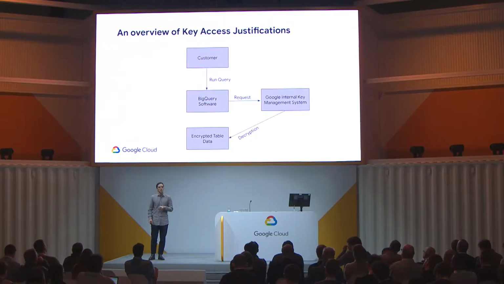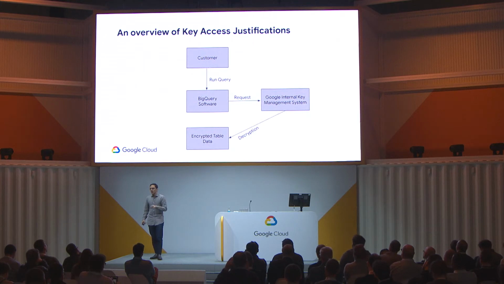So your BigQuery table data is going to be encrypted, and the key is going to live in Google's internal key management system. When you run this query, it's going to fire off a request to that internal key management system saying, hey, please decrypt this table so I can do whatever it is the customer is asking me to do.